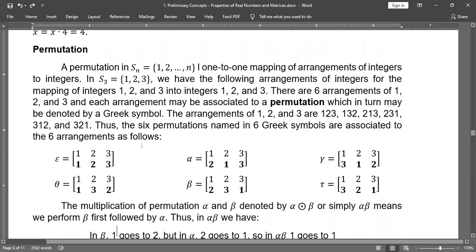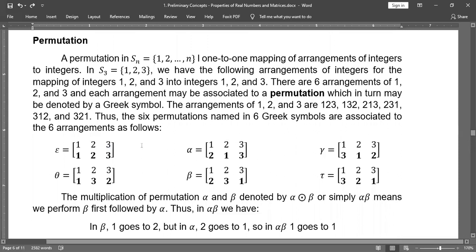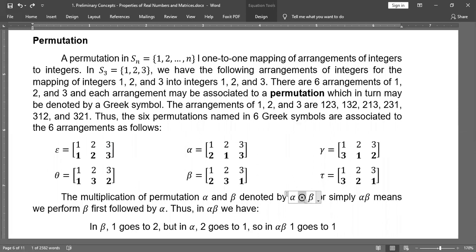The multiplication of permutation alpha and beta denoted by this symbol, yung times symbol, and then encircled siya, or simply the combined alpha and beta, means we perform beta first followed by alpha.